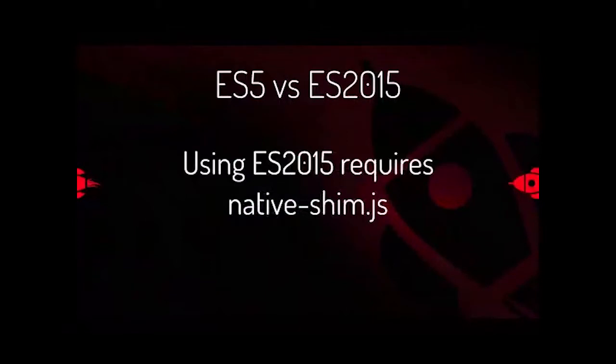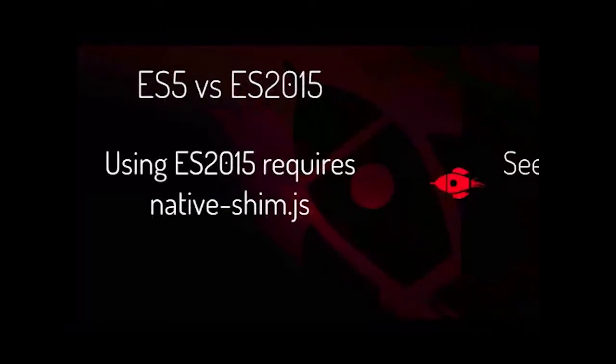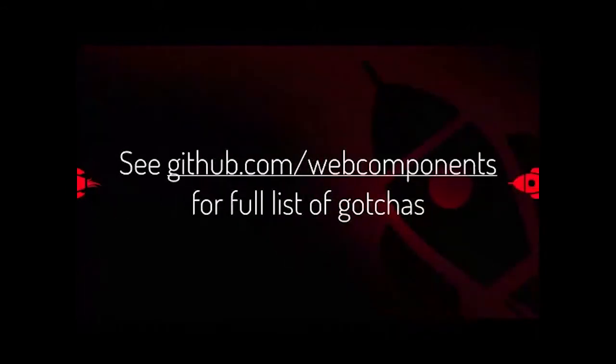Then also we saw on the repo in the documentation, it talks about ES5 versus ES2015, and if you are using ES2015 and transpiling your code, you'll need to use a native shim JavaScript file as well, so that these polyfills will work. And all of these things and more are documented on the Web Components GitHub repo, and so you can see a full list of things there to look out for.